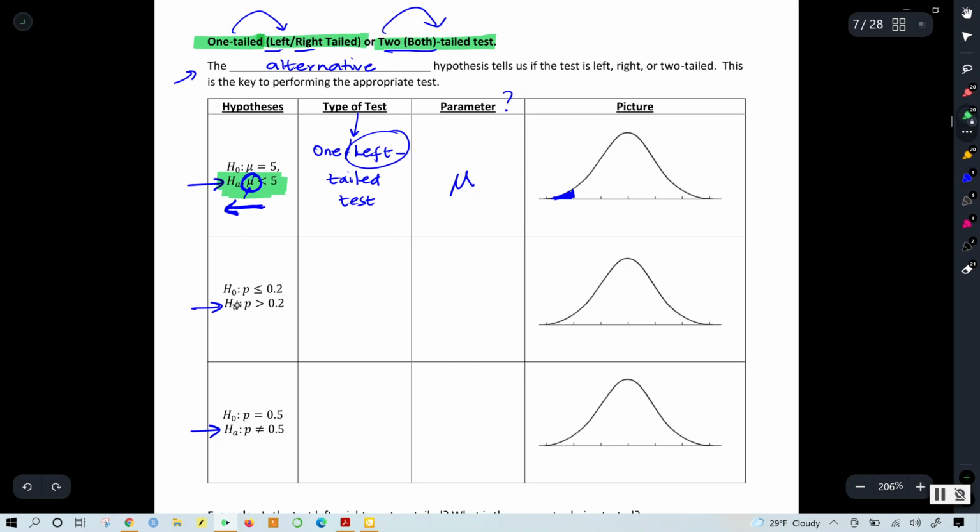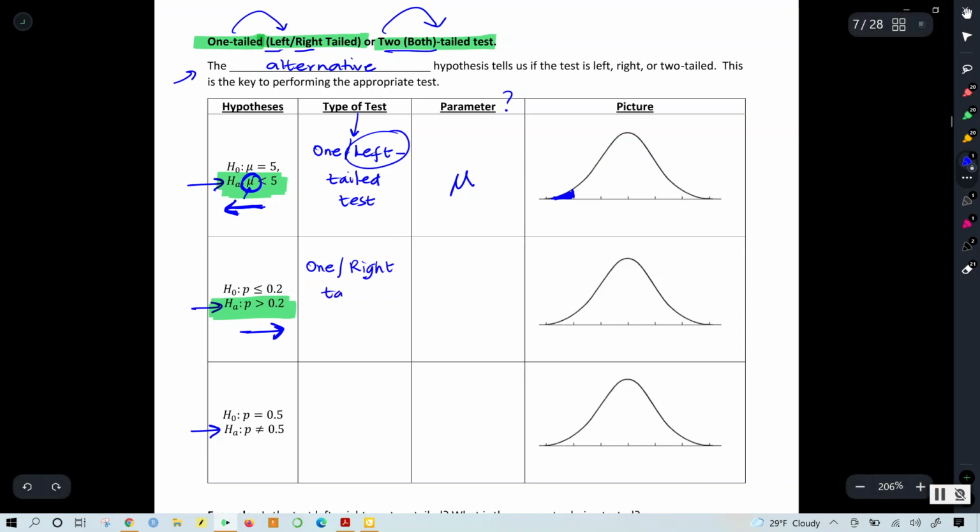Then, for the second question, you have the proportion greater than 0.2. So this would be all values of the proportion greater than 0.2. This is also a one-tailed test this time, right? Since it's going to values greater than 0.2, that will lie to the right of 0.2.